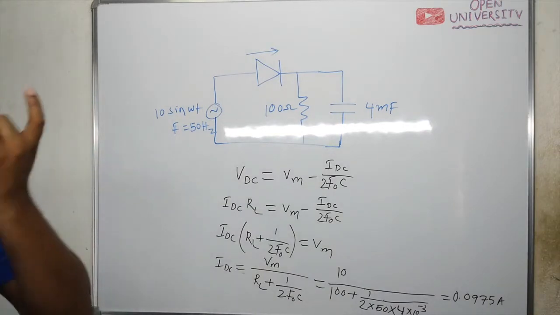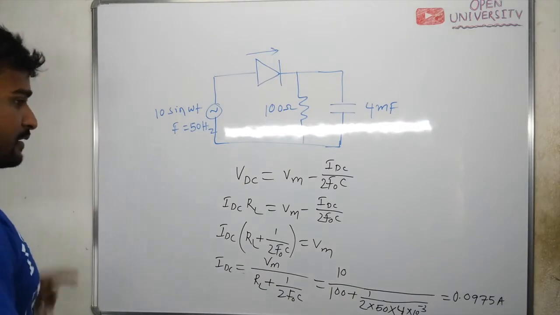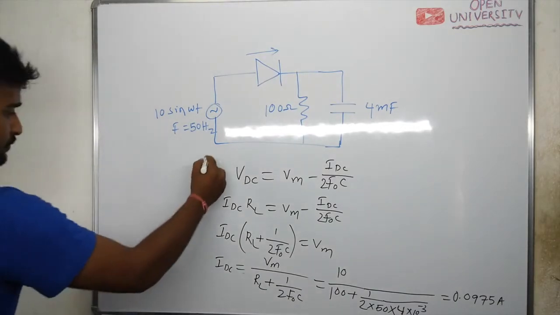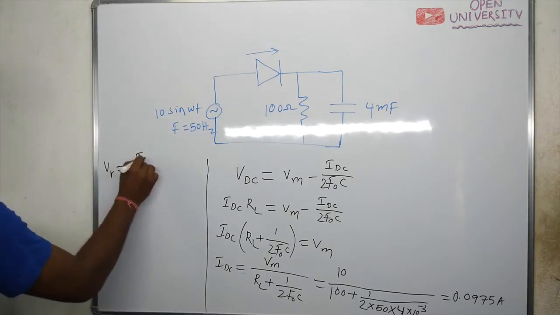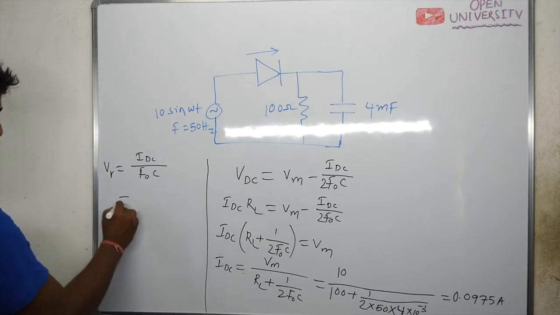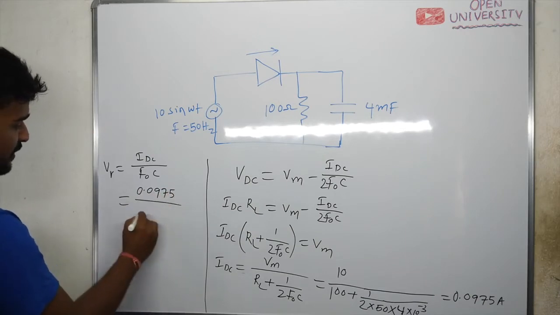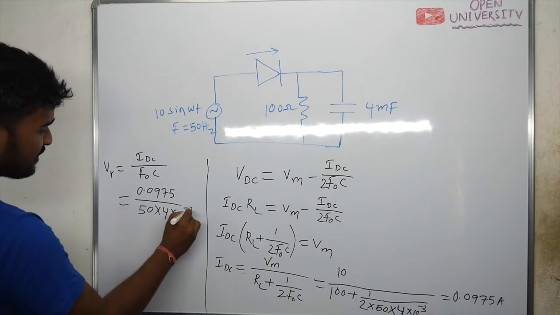Okay, 0.0975 ampere. Then calculate what VR is. VR equals IDC by F naught C. What is IDC? 0.0975 ampere divided by 50 into capacitance value 4 into 10 power minus 3.